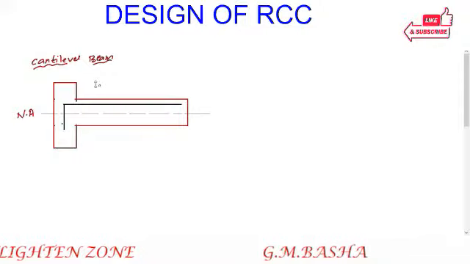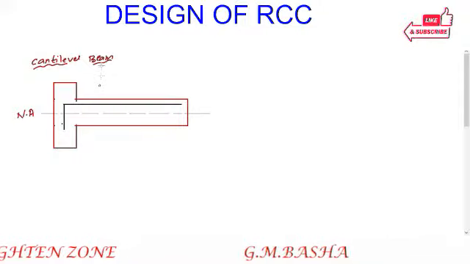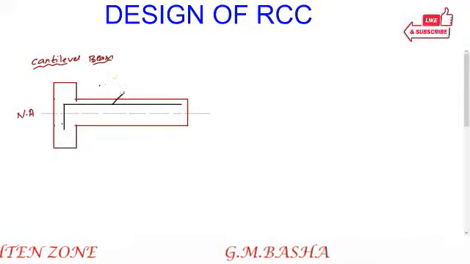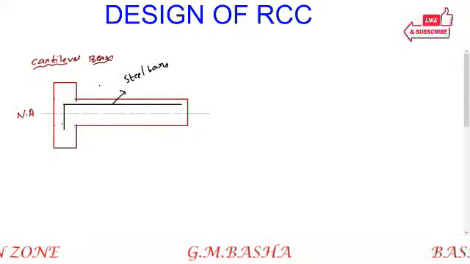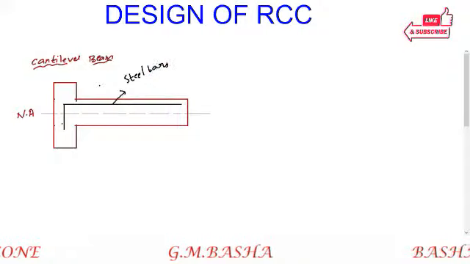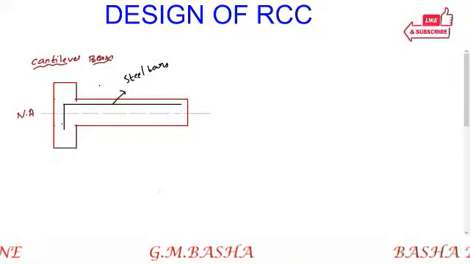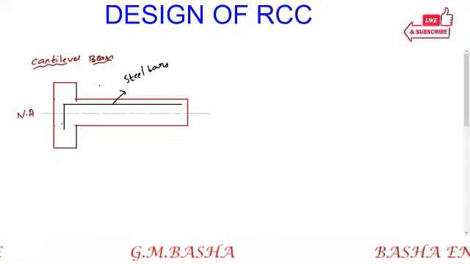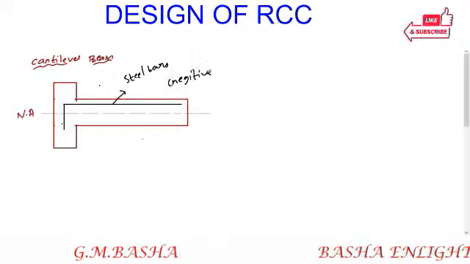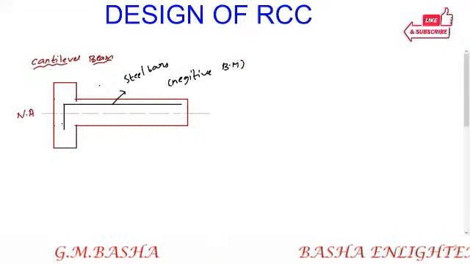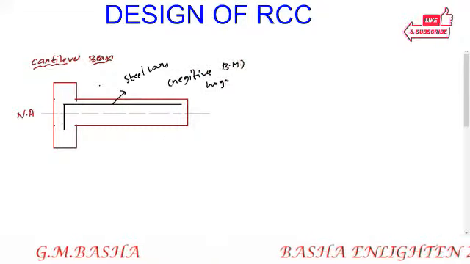So these are the steel bars. In cantilever beams, the steel bars are placed near the top of the beam to resist the tensile stresses developed in top layers due to the negative bending moment, that is hogging bending moment.